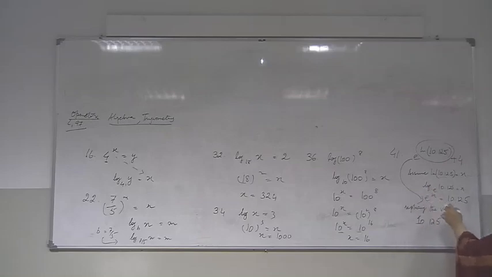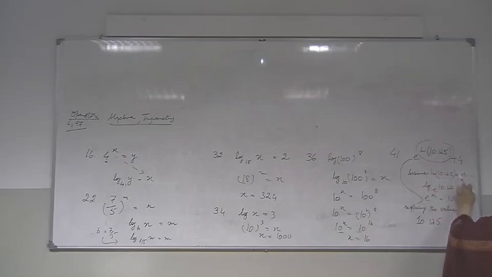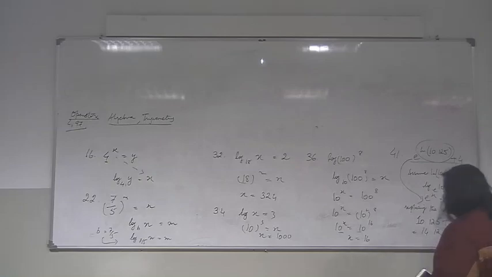I hope you can understand the connection: since we've already put the formula that e^x is equal to 10.125, we have just reconverted that into exponent form, and we already have the equation as e raised to x, because we have assumed that this value is equal to x. Then plus 4, and you can find out this is equal to 14.125. So this whole equation is equal to 14.125.